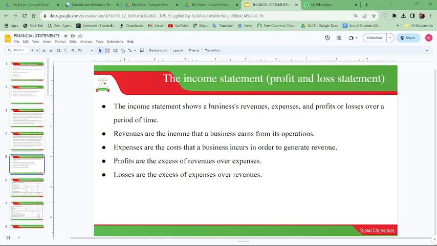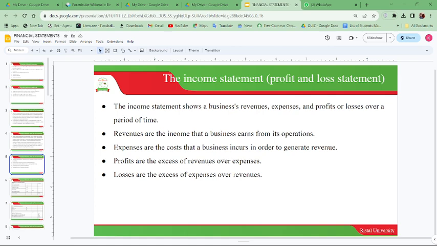Losses are the excess of expenses over revenue. So losses are when the expenses are more than the revenue, and profits are when the revenue is more than the expenses. That's how you know whether you have made a profit or a loss.